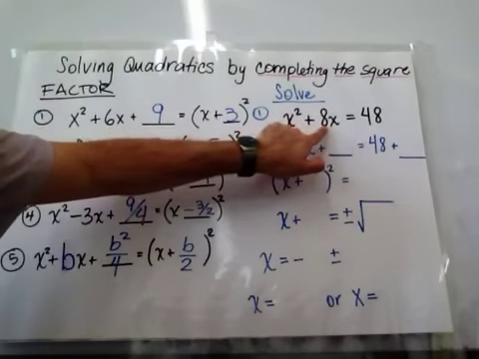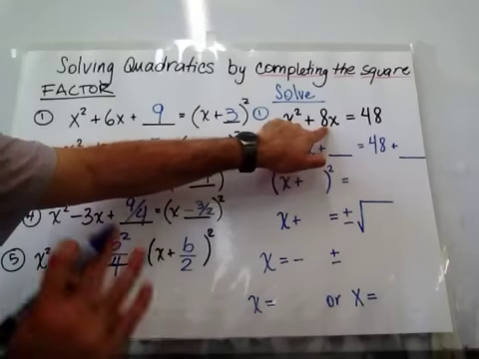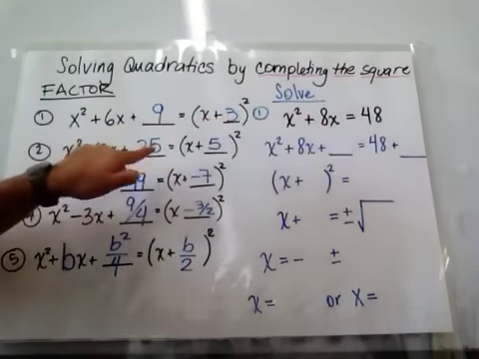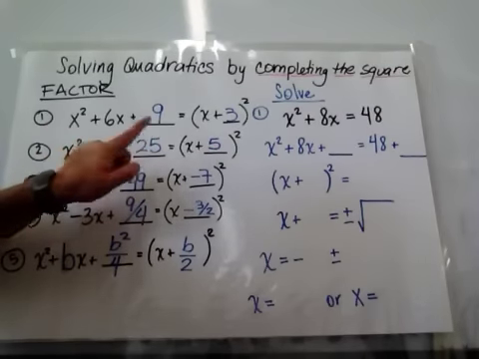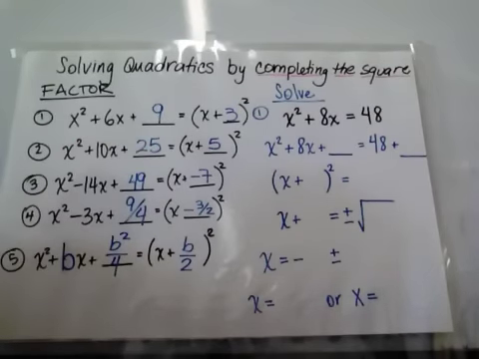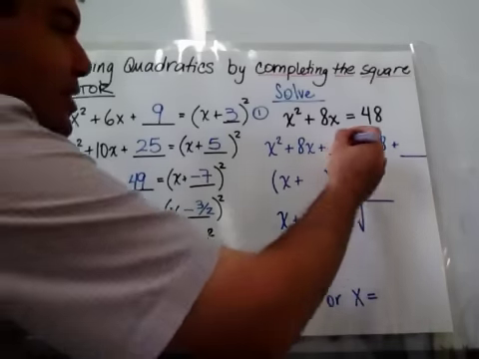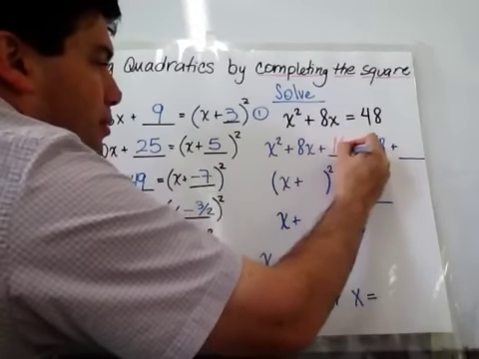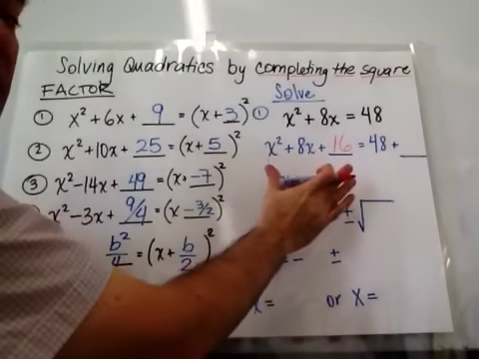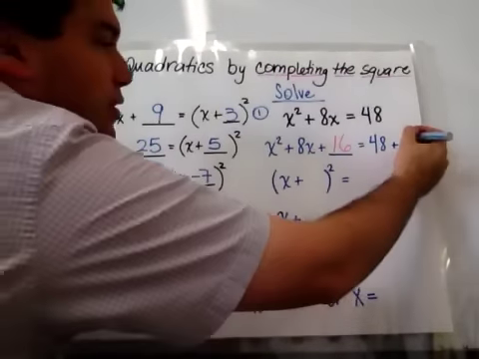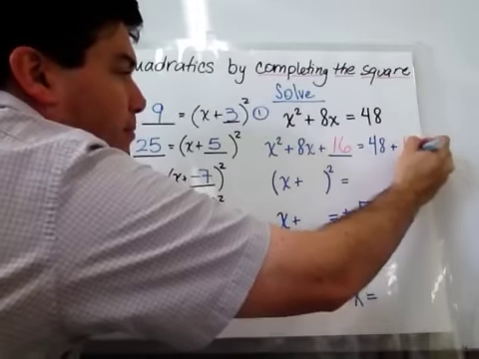What we add is half of 8, that's 4 squared. Like here, half of 10, 5 squared. Half of 8 squared is 4 squared, that's 16. But now we're working with an equation. So whatever we add on one side, we must add on the other side. So that's plus 16 here.